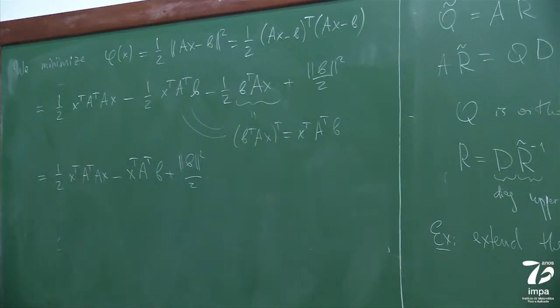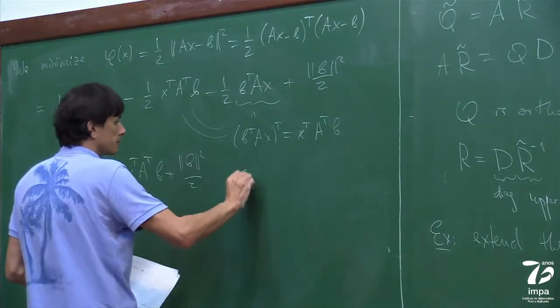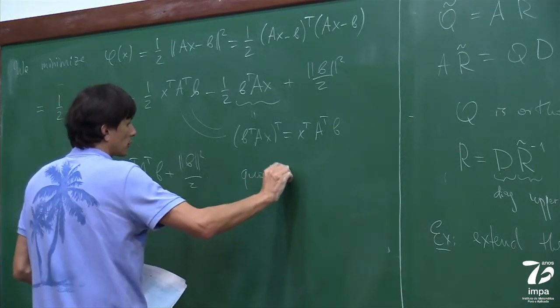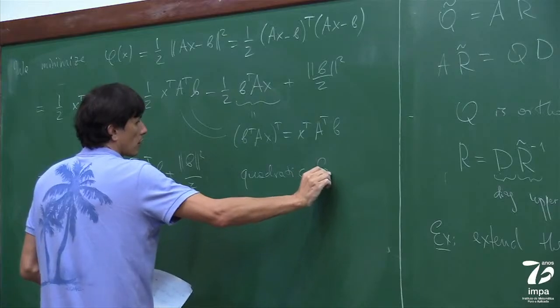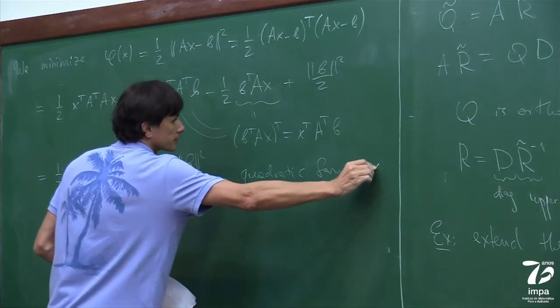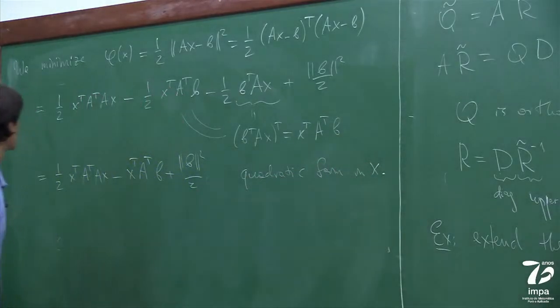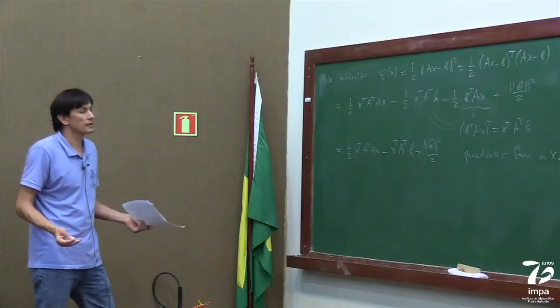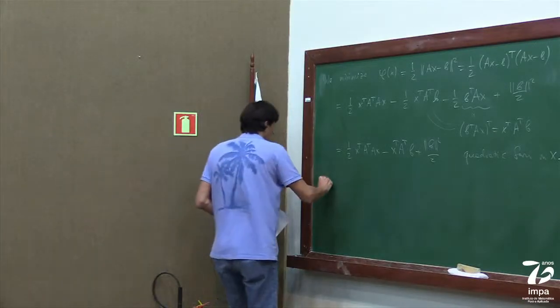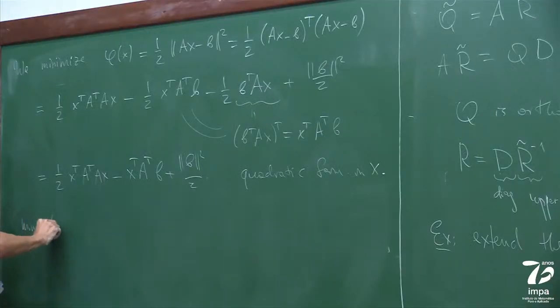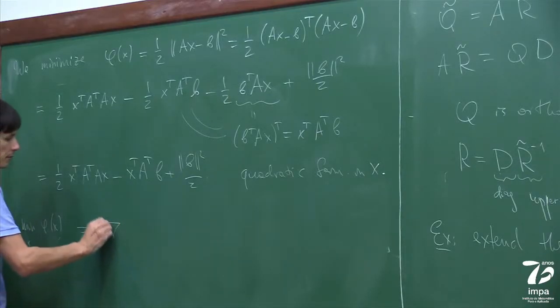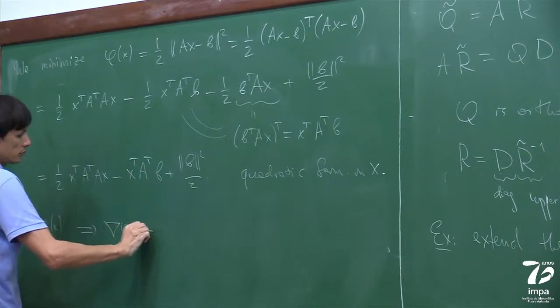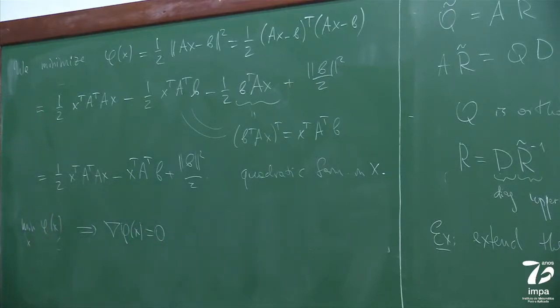And this is a quadratic function, a quadratic form in X. So it's a smooth function. We know that if we take the minimum of the function, then at the minimum the gradient should be 0, so all derivatives should be 0.